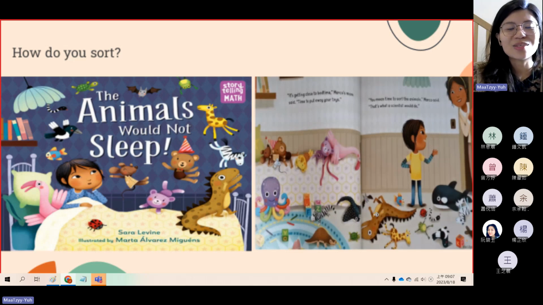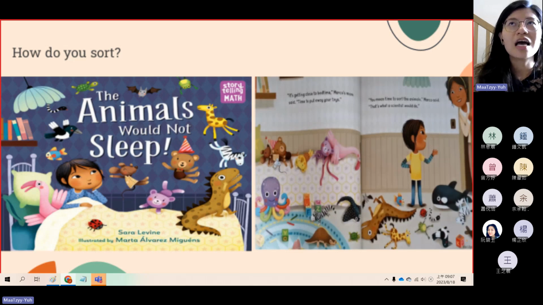So this storybook is about how this kid can sort his stuffed animals and put them into places. And there's a lot of things that you could teach with the storybook.